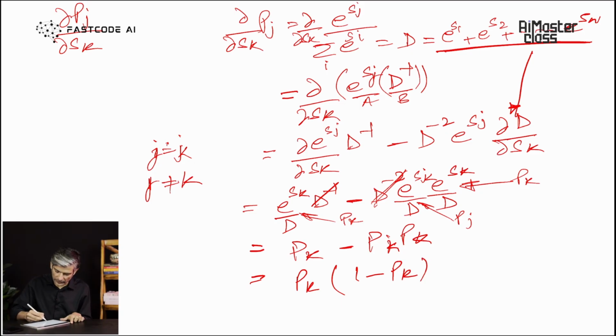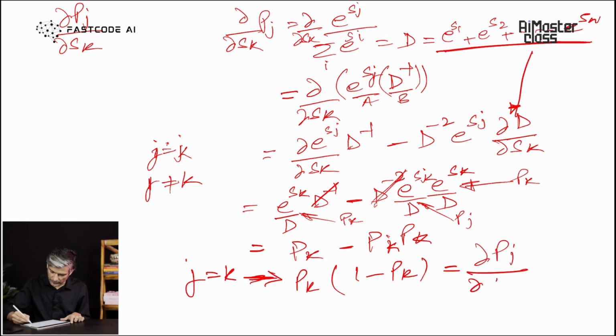So this is the case when j is equal to k for the derivative of pj with respect to sk, right? So when j is equal to k, we get this as the derivative of pj with respect to sk. Okay. So let's remember this as equation 2. And finally, let's maybe rub this a little bit here itself. Maybe I'll just use this much space.